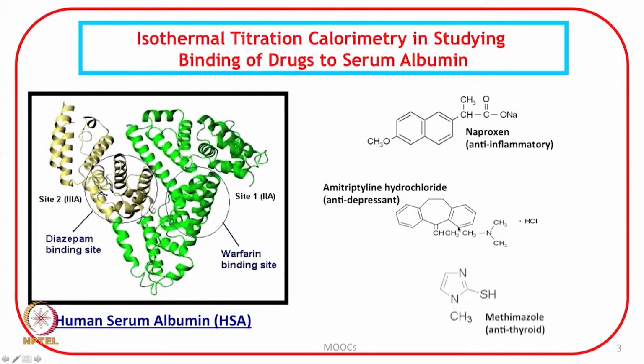And the third drug molecule that I will use in discussion today is methimazole. Methimazole is an anti-thyroid drug molecule. The reason for choosing these three molecules for discussion is the difference in their structure, the difference in their hydrophobic and ionic content.